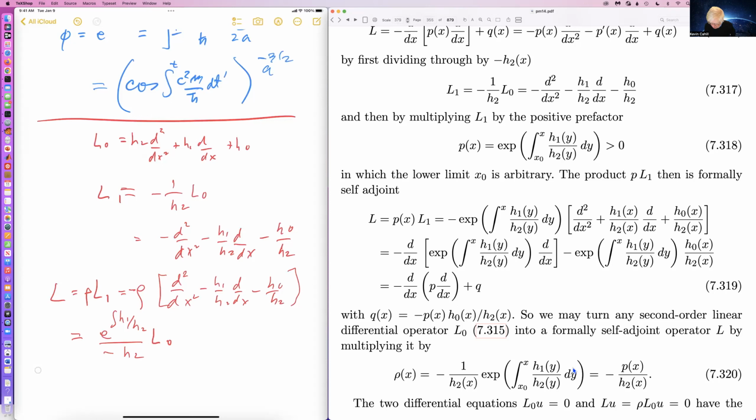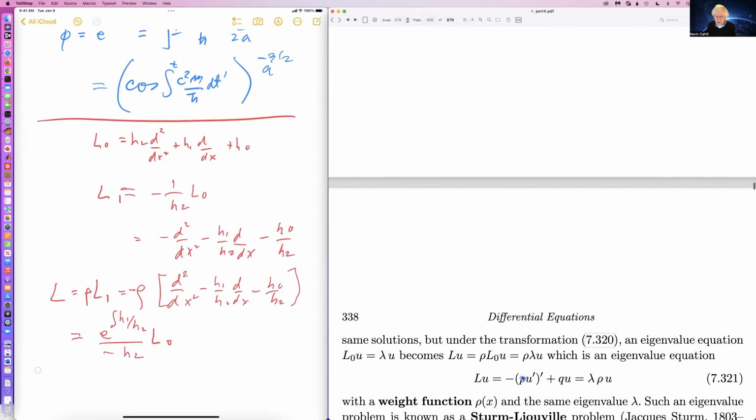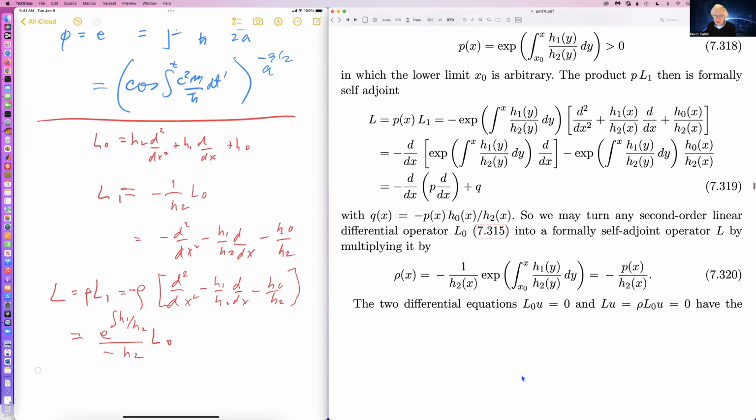So in other words, what you do is you take the original differential equation. After you've divided by H2, you get this, and then you multiply it by this thing here, which we call rho.